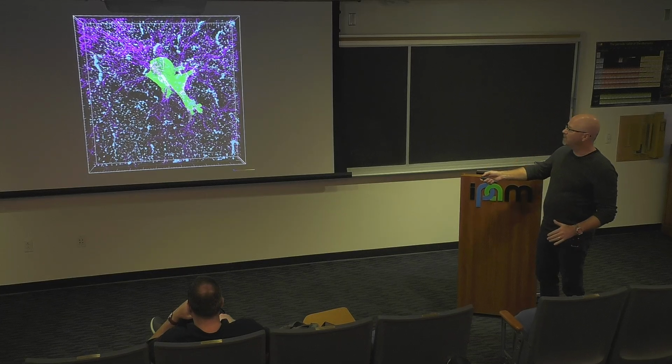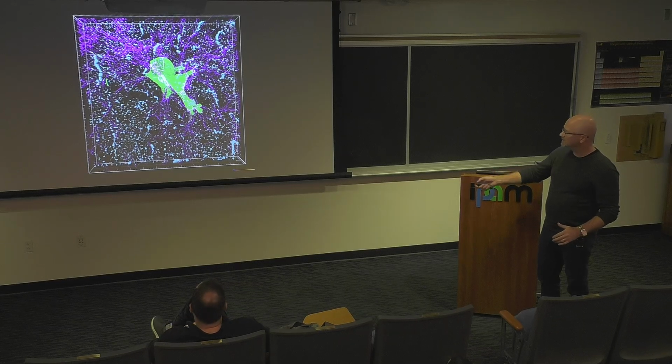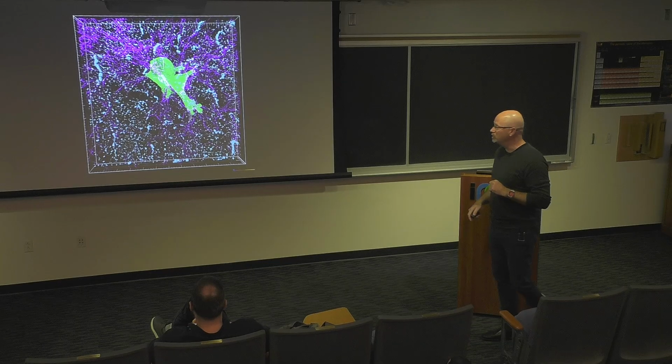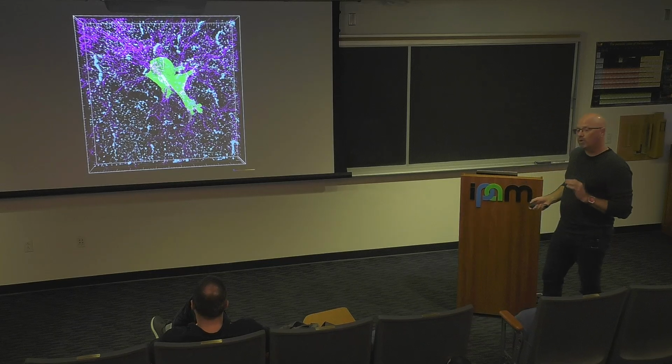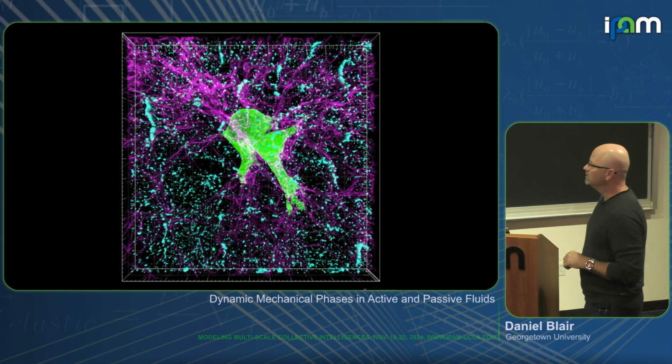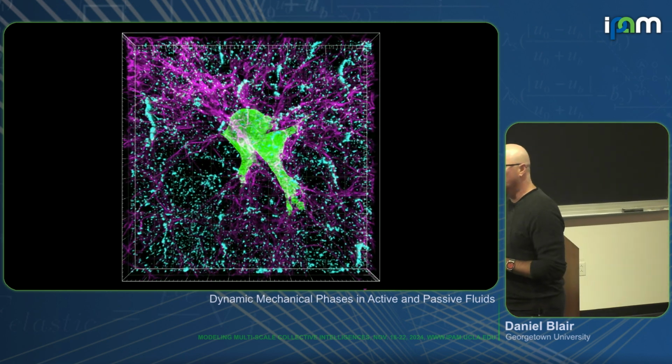So the cell is embedded within the three-dimensional matrix. The three-dimensional matrix is attached to a two-dimensional surface. And that two-dimensional surface has fiduciary markers, and I'm going to play a movie here in a moment, that will distort elastically when the cell makes its way through this medium. So here we go. So that's the setup. The cell is probing its world.